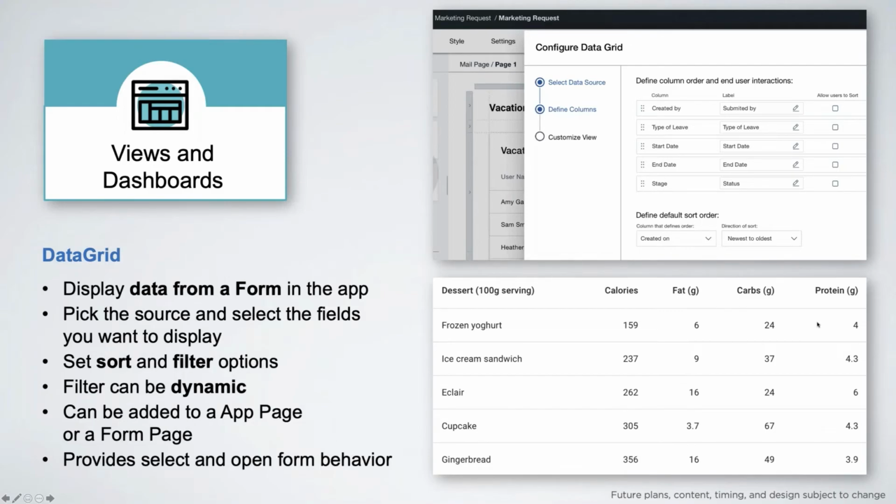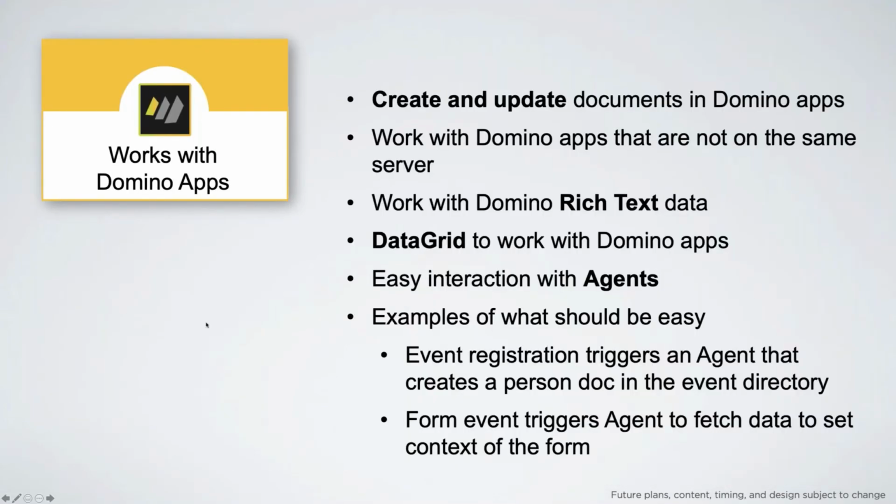This is a request from customers. We plan to release it in a future version, as well as better integration with Domino apps, running agents. Right now, you can access data read-only, so from CRUD, create, read, update, delete, it is read, and we plan to do create, update, and delete as well.